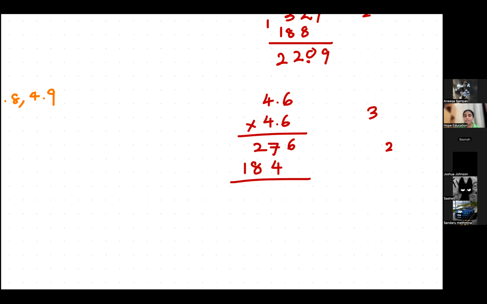Then 6, 7 plus 4 is 11, 1 remaining, 8, 9, 10, 11. 1 remaining, 1 plus 1 is 2.